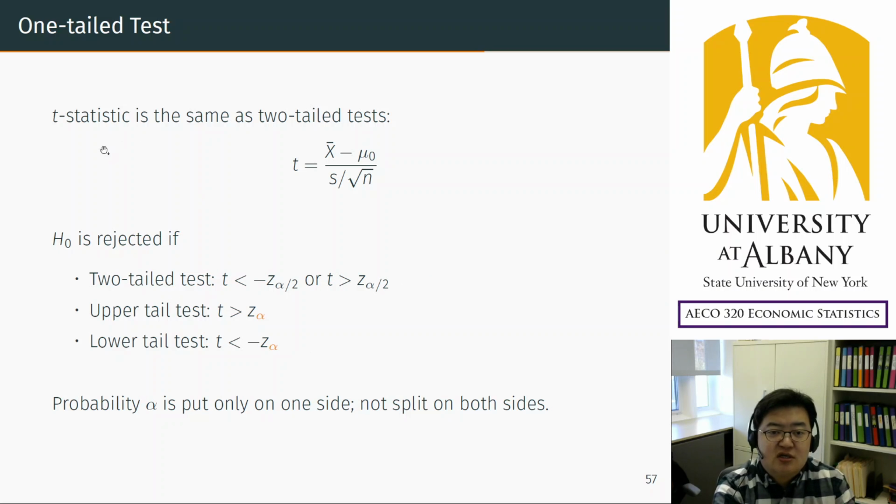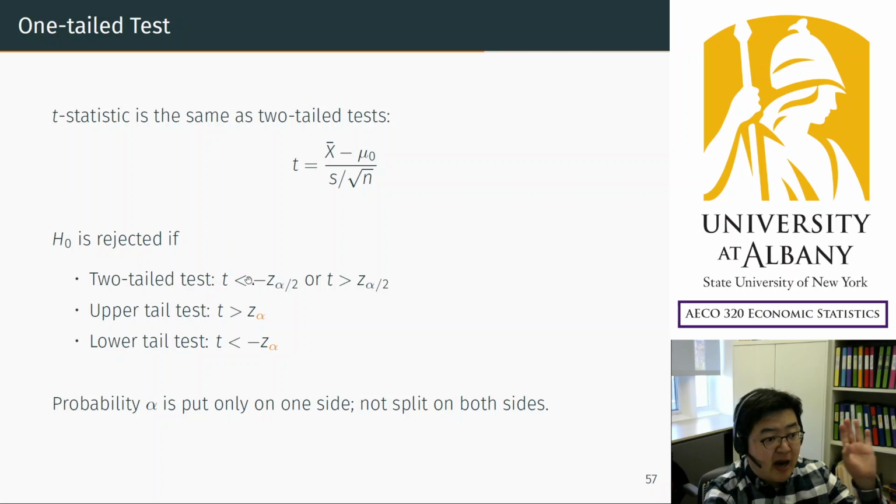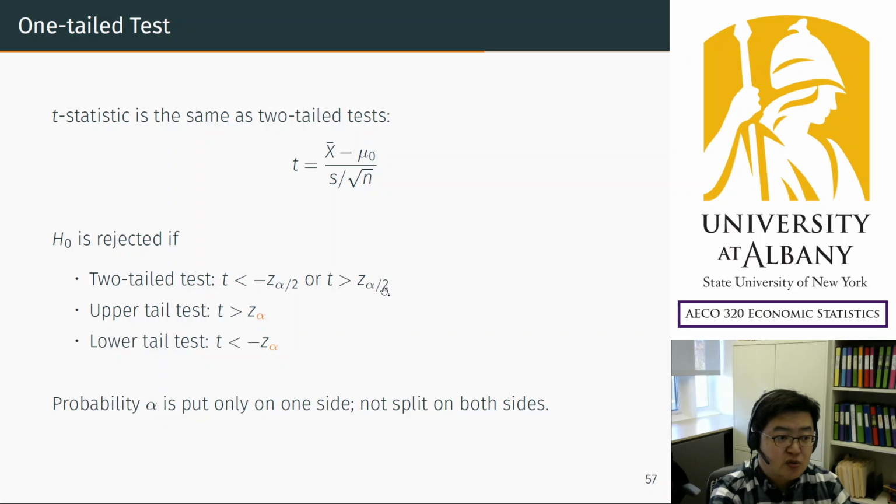T-statistic approach. And of course, as I said, the t-statistic itself does not change, but the rejection rule changes. The decision rule changes. In the two-tail test, you reject if t is smaller than minus something or greater than plus something, z alpha over 2.